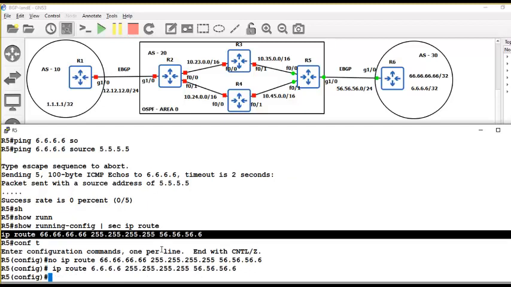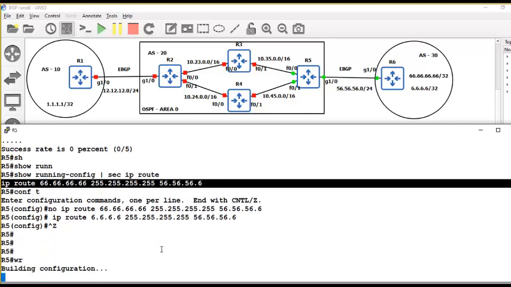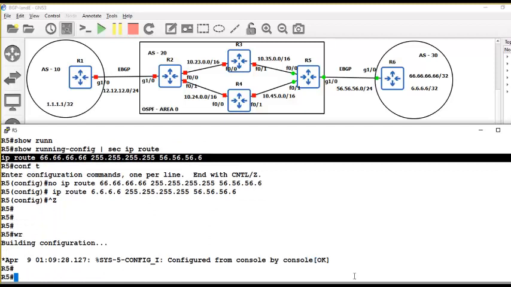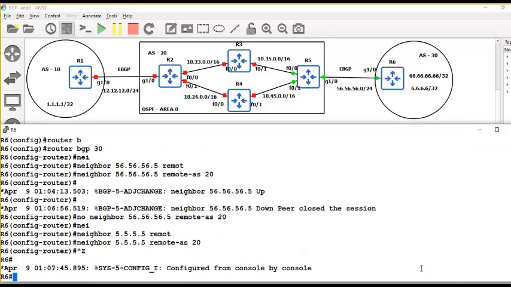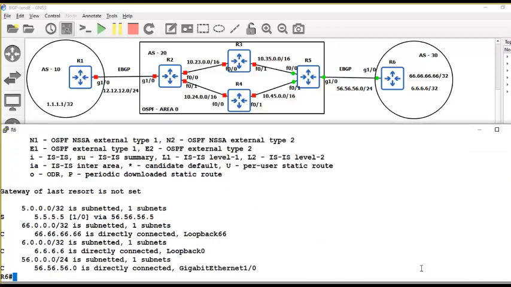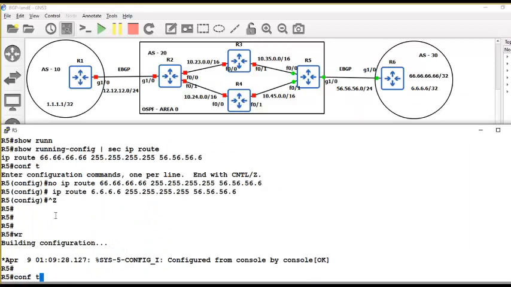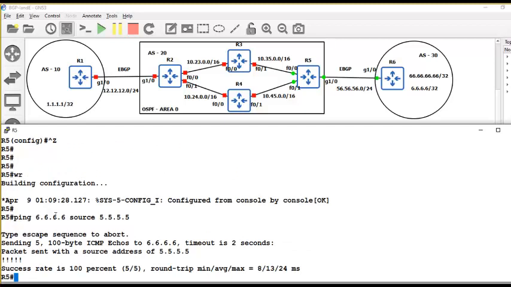Fine. Likewise on R6 I should have a route to reach 5.5.5.5, which I already have. So if I go back and try pinging the one which I pinged earlier, which was not pinging earlier, now it pings. Okay, you have basic IP reachability to the neighbor address.